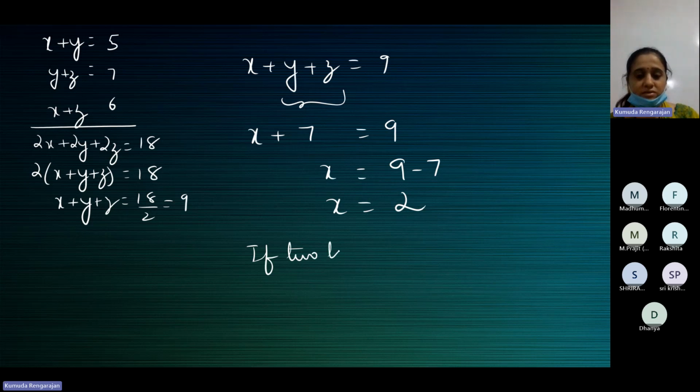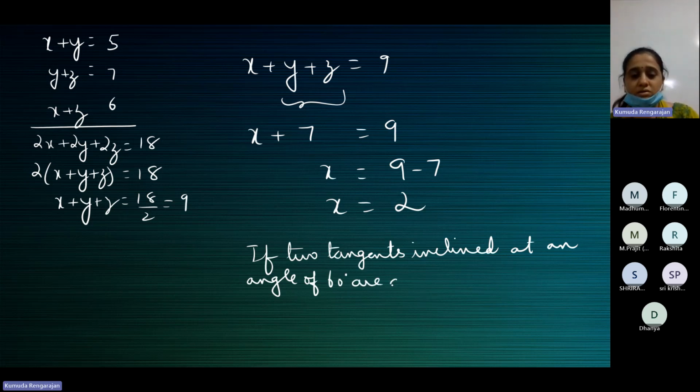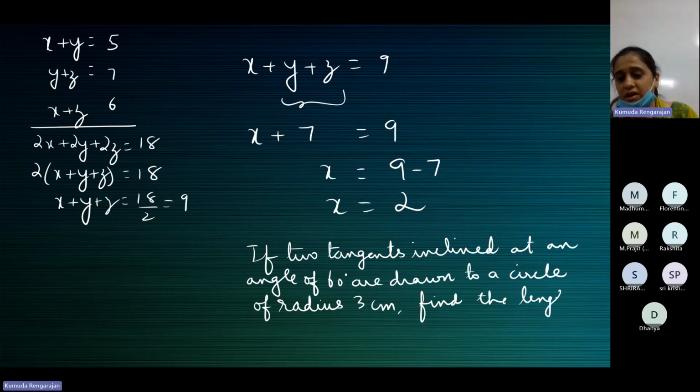If two tangents inclined at an angle of 60 degrees are drawn to a circle of radius 3 centimeters, find the length of each tangent.